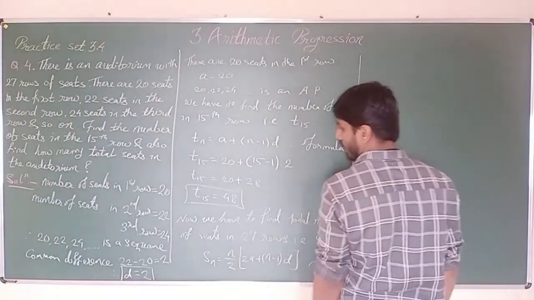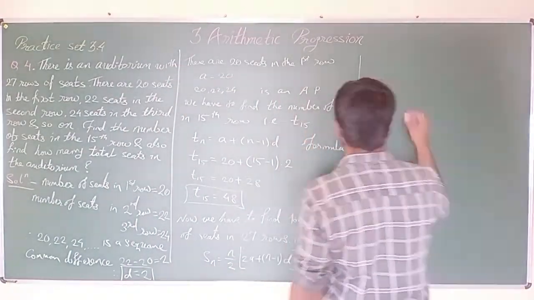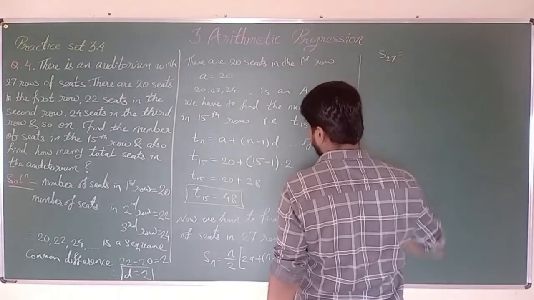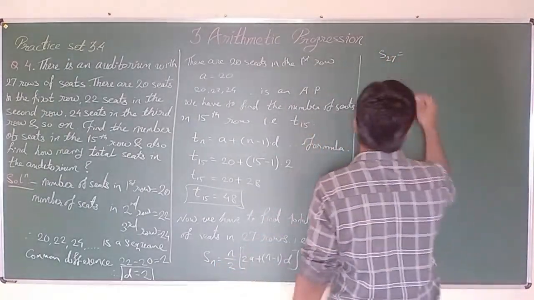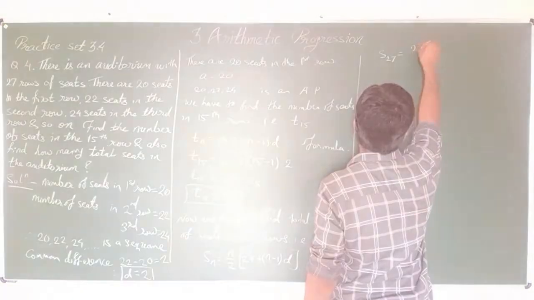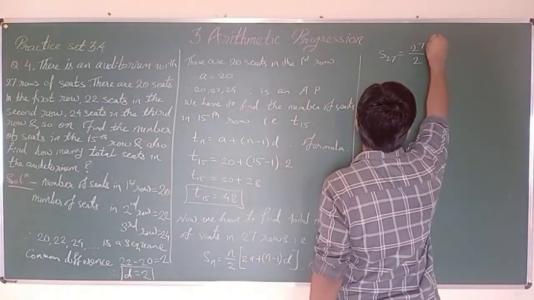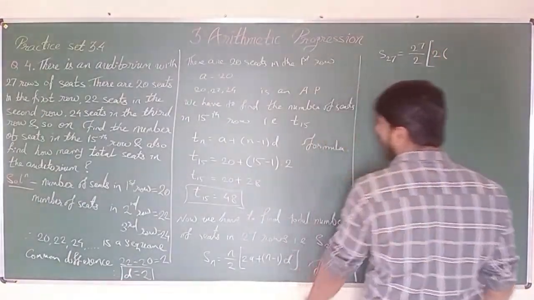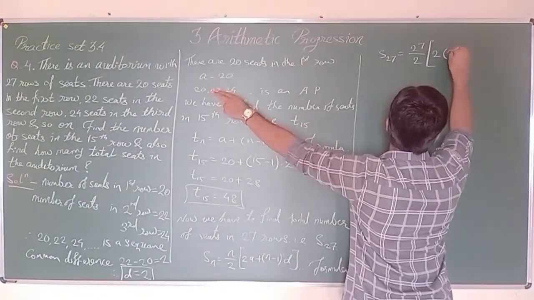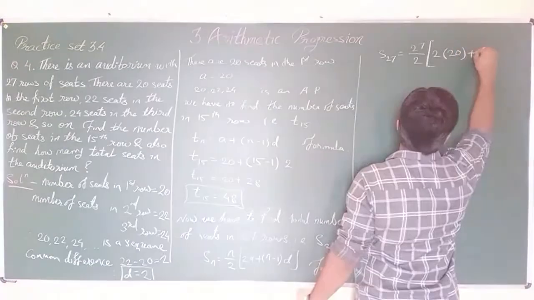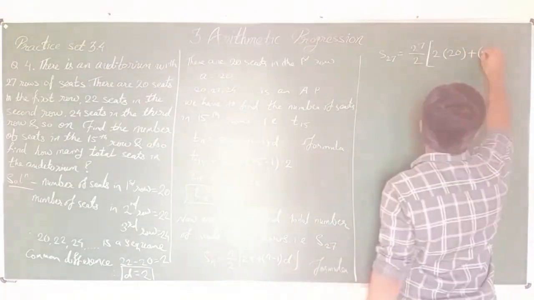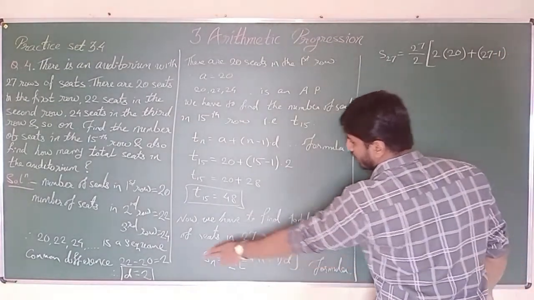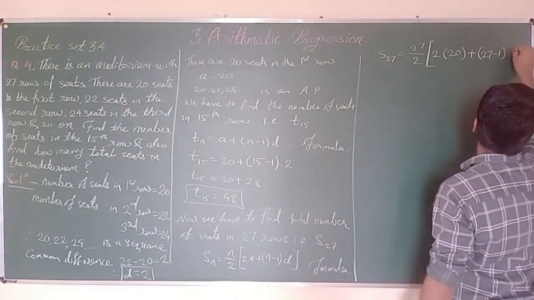Now we have to find S27. So by substituting values, the value of n will be 27, n upon 2, that is 27 upon 2, into twice of a, where a is the first term of the sequence which is 20, plus n minus 1, that is 27 minus 1, into common difference d, which is 2.